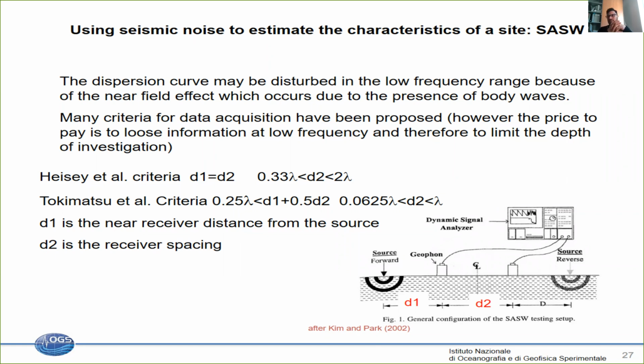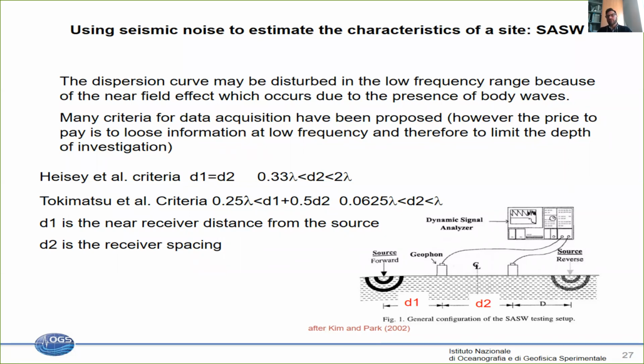There are some troubles, of course, with this method. The first point is that in the low frequency range, if my source is too close to the geophone, I cannot be sure that my vertical component is really strongly dominated by surface waves.